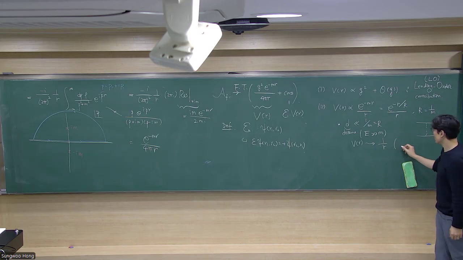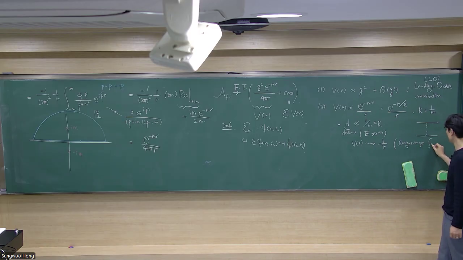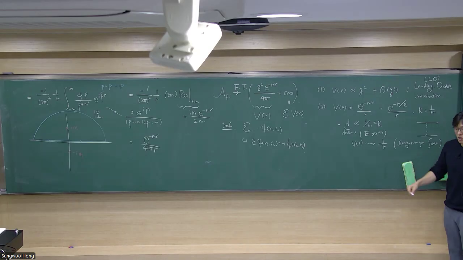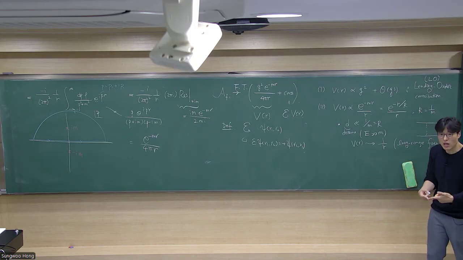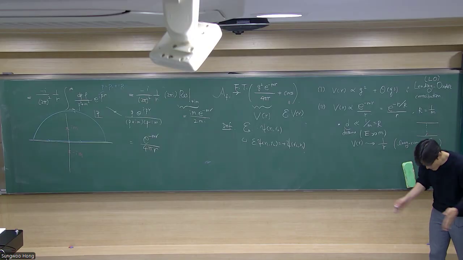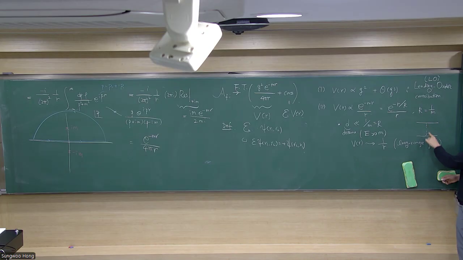And this is a characteristic of a long-range force: Newton's law, Coulomb's law, whatever. There's a characteristic length scale, capital R, controlled by the exchanged mass. If I collide things at a much shorter scale or at much higher energy, it feels like a long-range force mediated by almost a massless particle.